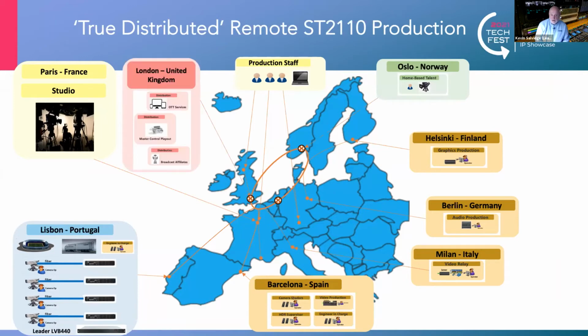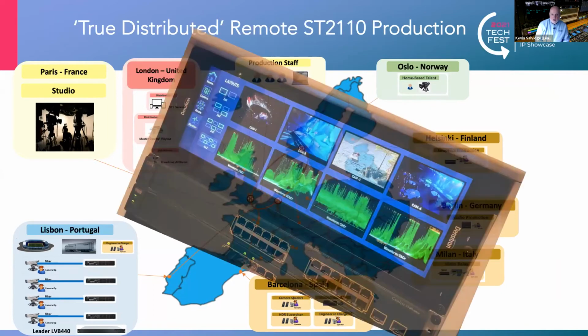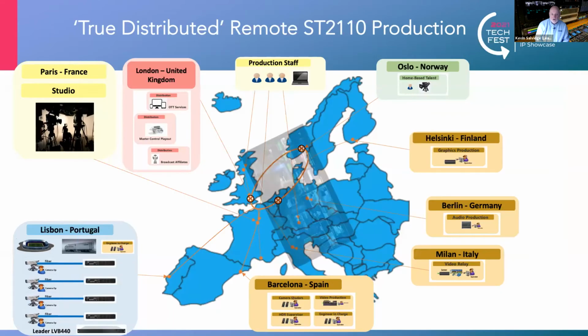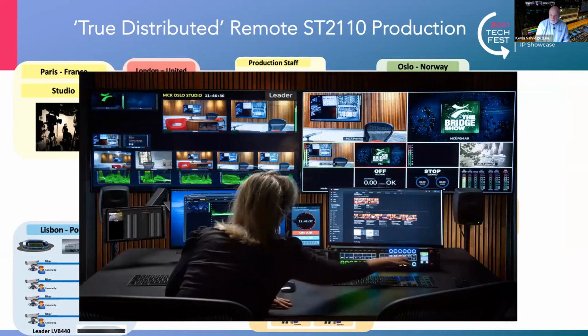And then finally, you have your centralized distribution. And again, in the control room for that, you could well have rack-mounted displays looking directly at the -20 sources that you need to monitor prior to transmission. And then finally, you have your MCR operation, which is looking at all of the -20, -30 and -40 ancillary data.